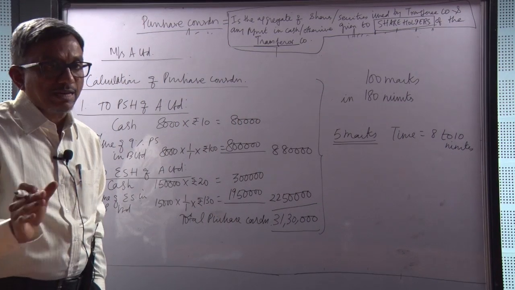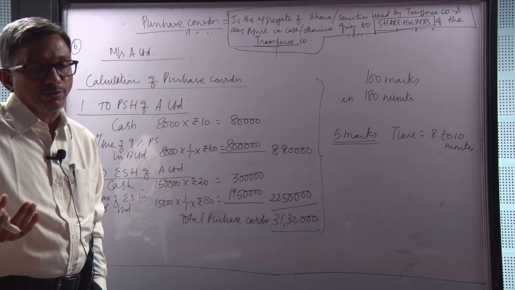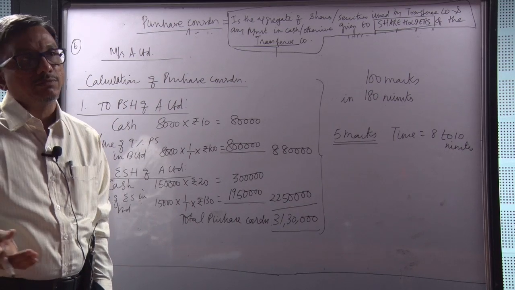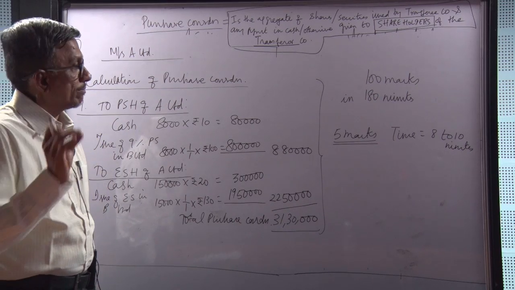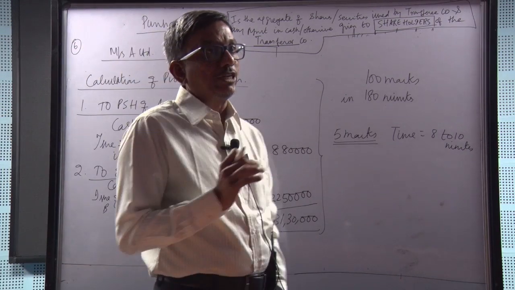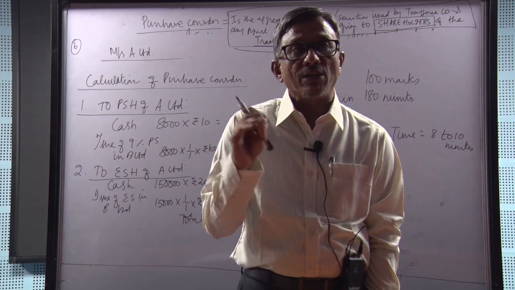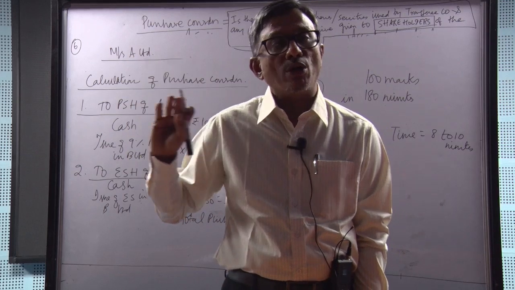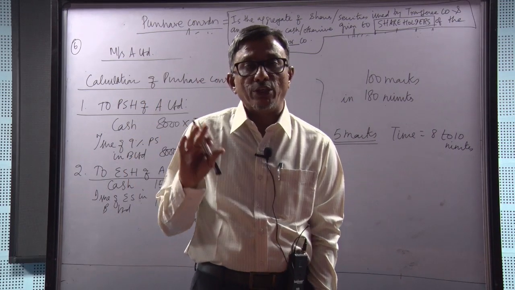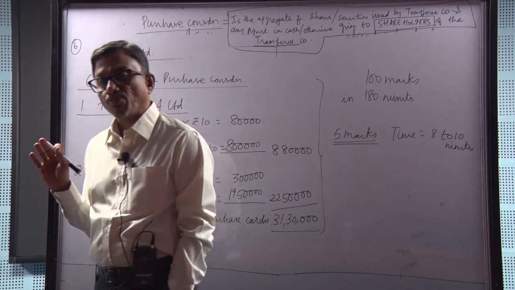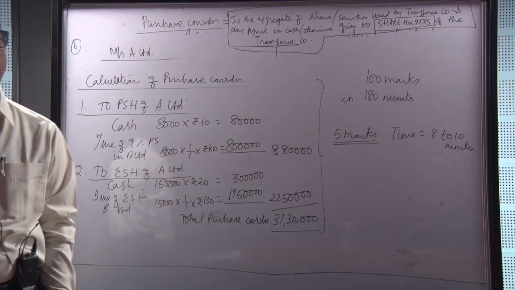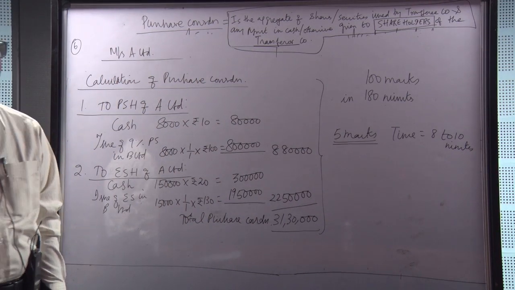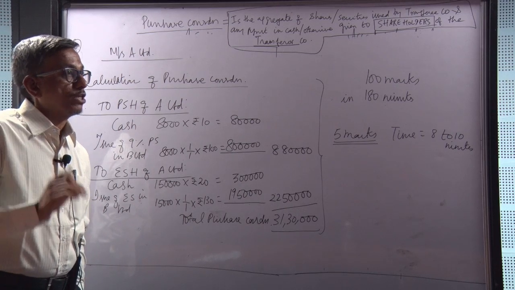If I go beyond 10 minutes, that means that I don't have time for the other questions. So if you attempt a 20 marks problem, try to finish it off between 30 minutes and 40 minutes. Beyond 40 minutes you should not go. So a 10 marks problem, you can take maximum 20 minutes, 15 to 20 minutes.